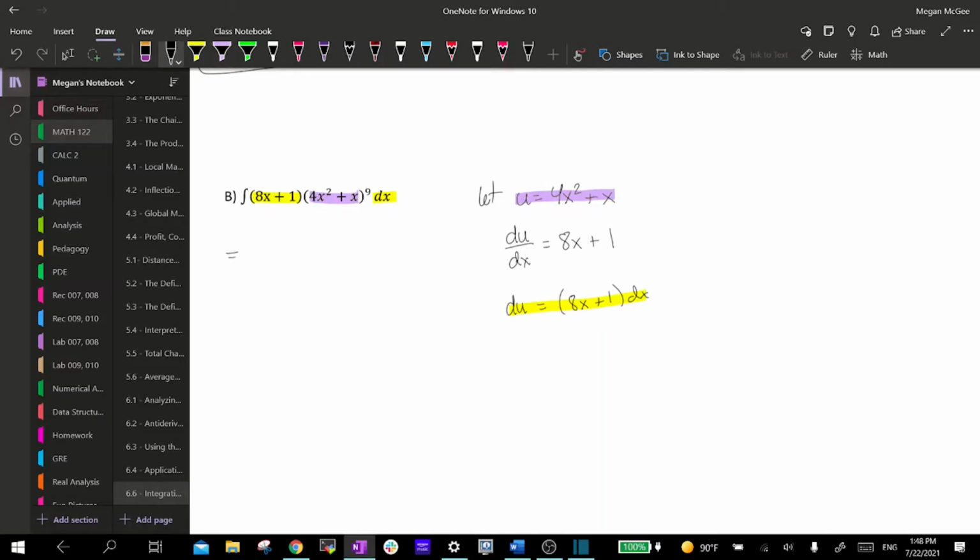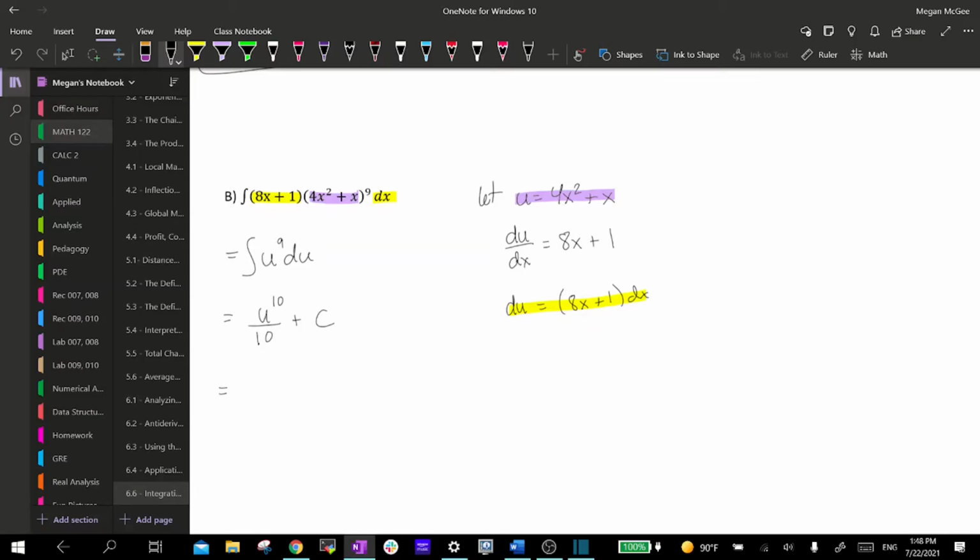All right, so this is going to become u to the 9th du. So now we have a power rule integral where we need to add 1 to the exponent and then divide by that new exponent, and then plus c for our constant of integration.